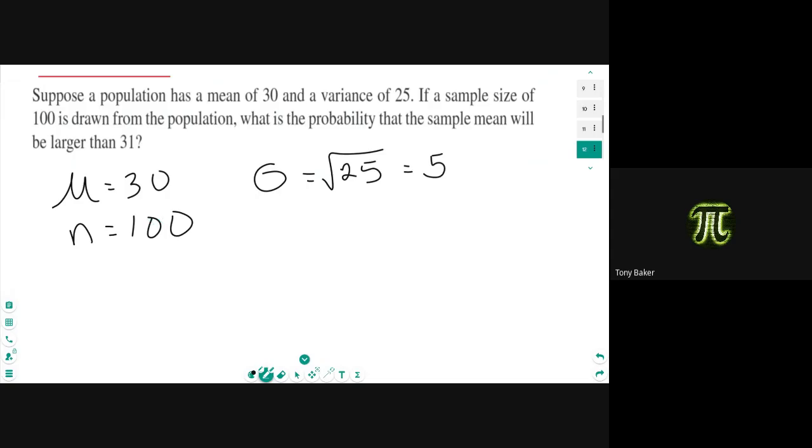So they want to know the probability that x-bar is going to be larger than 31. That's what they're looking for. All right, so if I didn't have the n, how would I do this problem?